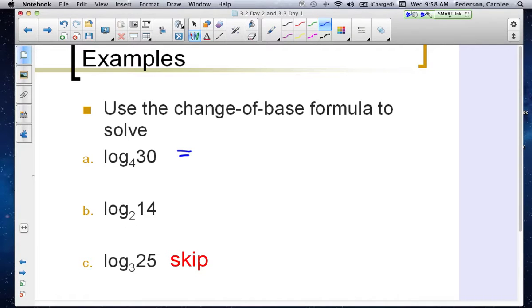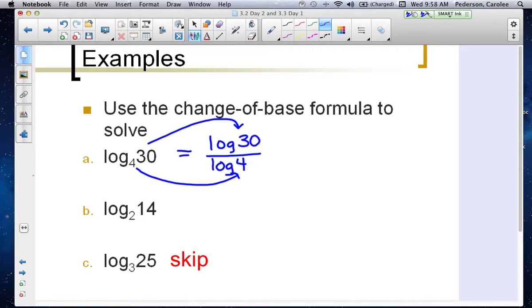So right now I could not enter in log base 4 of 30. Doesn't work. So I'm going to convert it to common log. So I have a logarithm. Now where does the 4 go? Down below. And where does the 30 go? Up on top.